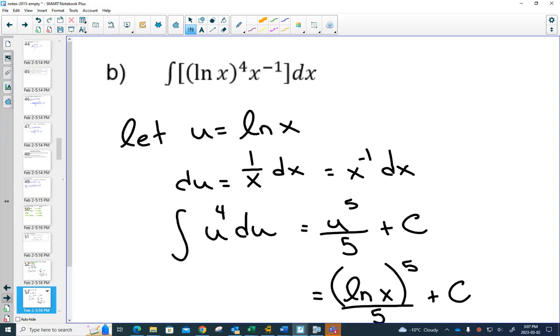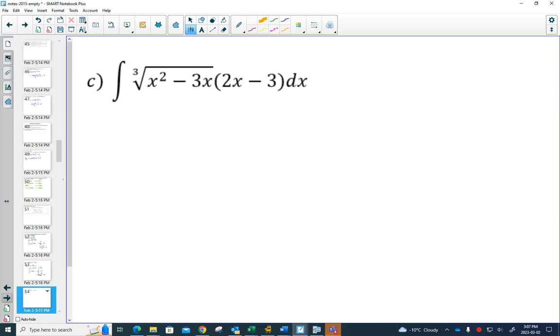And the more complicated, like we had to divide by 5, but the more complicated the numbers are in front, the harder it is for your brain to hold everything. The substitution works really nice. Okay, I think you can try this one on your own.